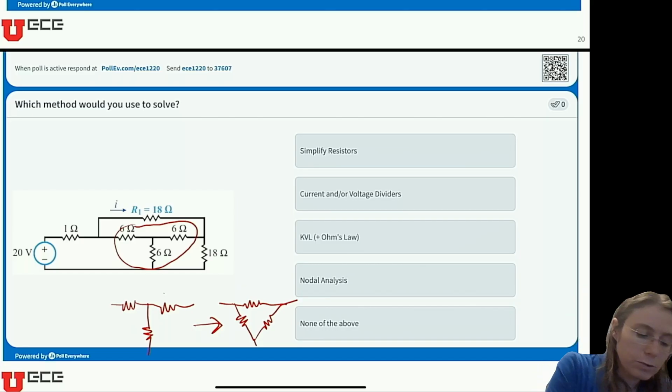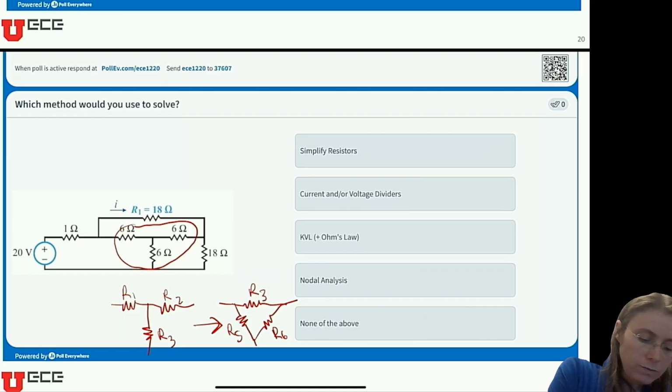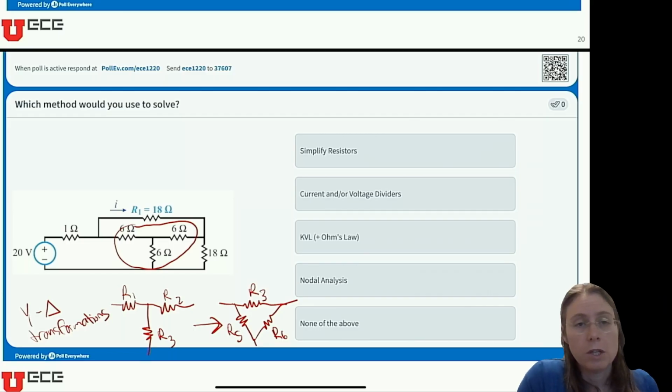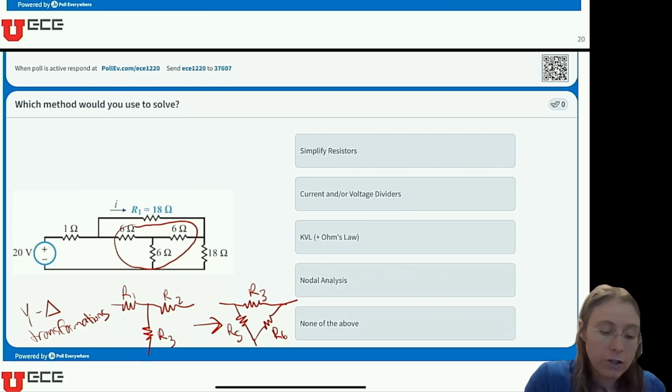And there's a formula to relate each of these resistances to the ones over here on this circuit. This is called Y delta transformations, if you wanted to look that up in your textbook. But we didn't formally learn that in this class. So using the techniques you know, you'd actually have to apply the node voltage method in this case.